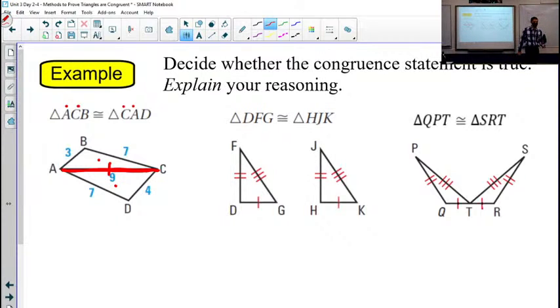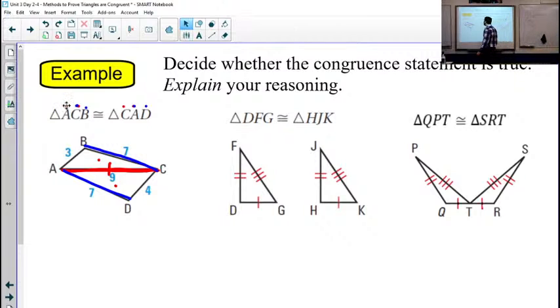So that is reflexive property. Then I could keep looking at my last 2, CB and AD. So I have CB is 7, AD is 7. Those the same? Yeah, good so far.